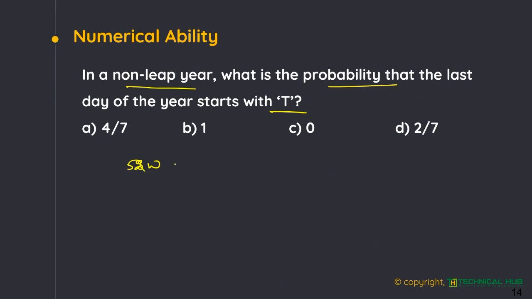This is non-leap year. If it is leap year, 52 weeks plus 2 days extra, right? This 1 day is either Sunday, Monday, Tuesday, Wednesday, Thursday, Friday, Saturday. Any of those 7 days, right?